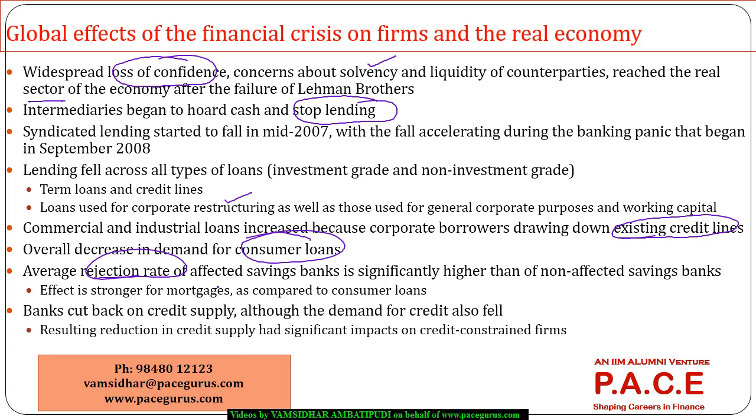And especially for mortgage related borrowings, the rejection rates have gone up and touched the highest percentages of all time. So compared to other consumer loans, mortgages got the highest rejection rates as well, which again has impacted the real sector of the economy.